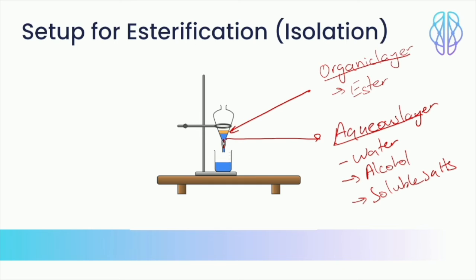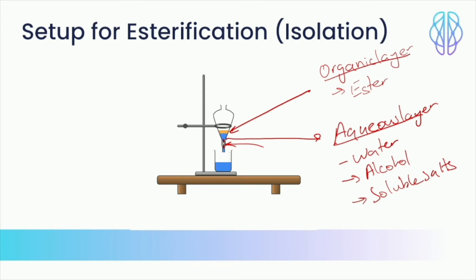Now what you're going to do is, this is a tap. So essentially you're going to open the tap and let all of that blue aqueous solution run out. It's not actually blue, it's for diagrammatic purposes. Let that layer drain out so you only have the yellow.